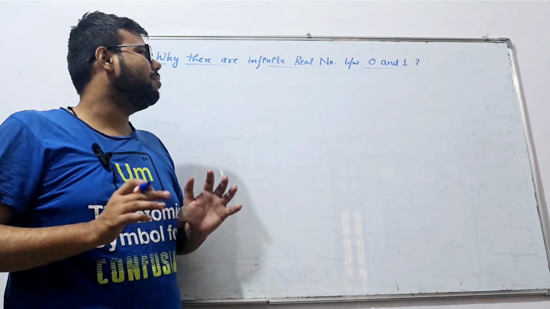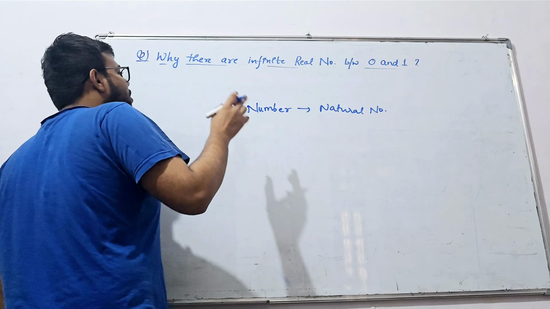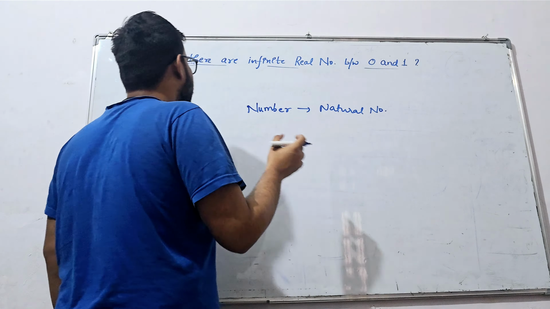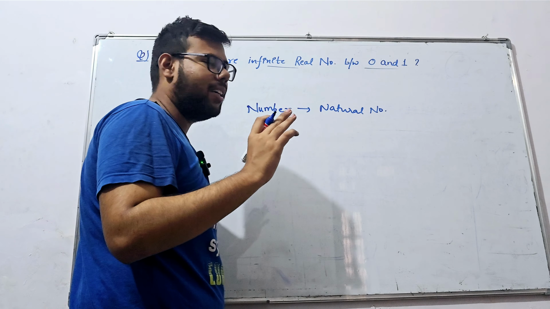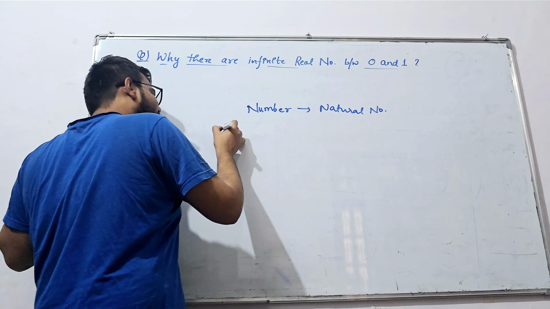When we say number, then we generally mean natural numbers, right? So the question that was asked was, if I say in simple words, are there infinite numbers between 0 and 1?